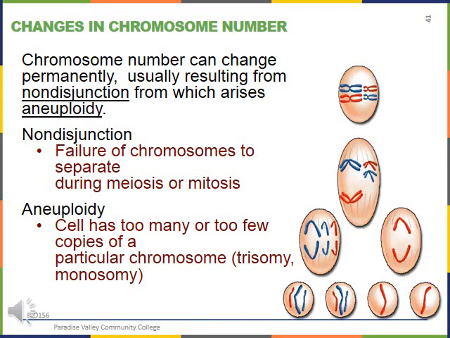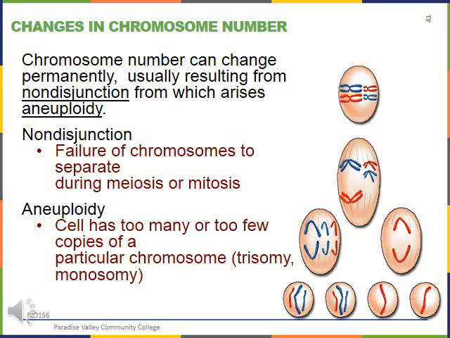Okay, so this is showing you how we can get these changes in chromosomal number. We can have non-disjunction or aneuploidy. Non-disjunction is the failure of chromosomes to separate during meiosis or mitosis, and it's showing you that here in this second picture.